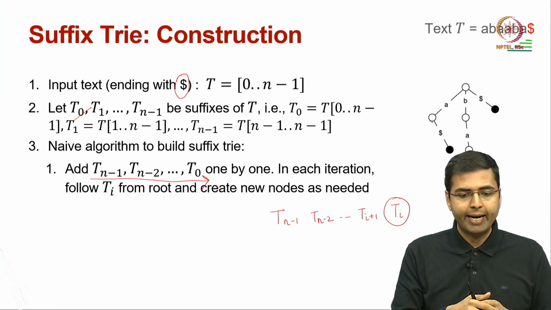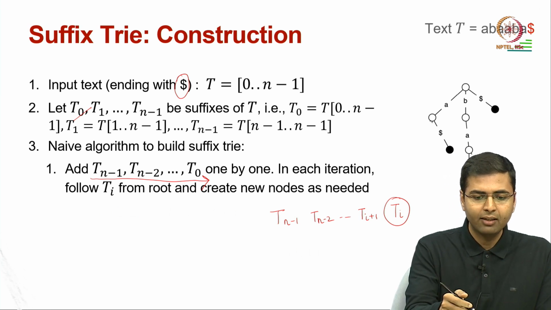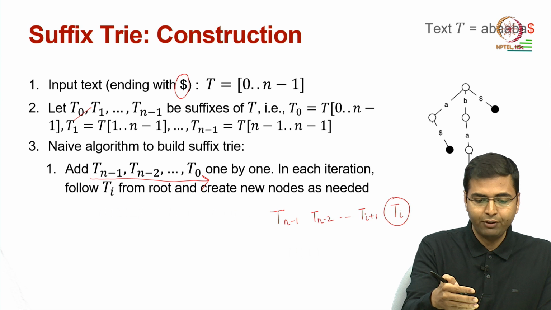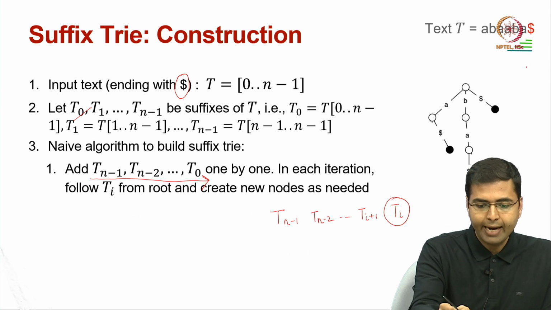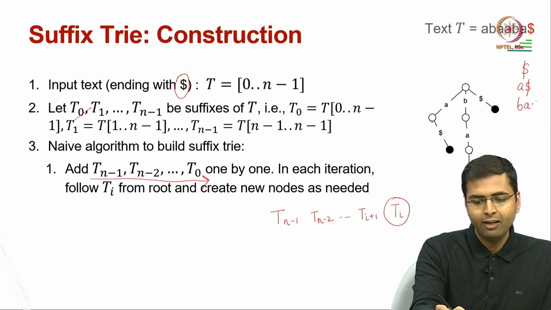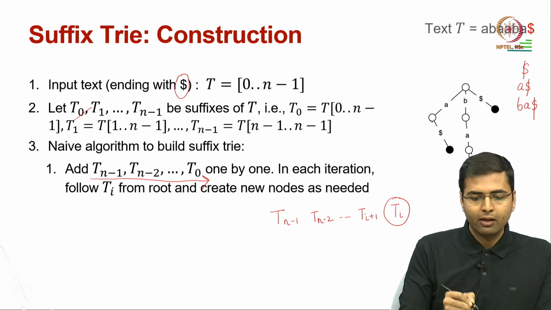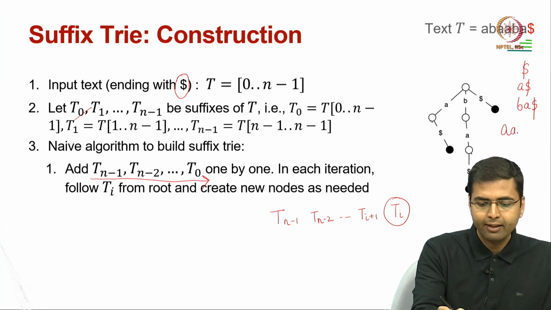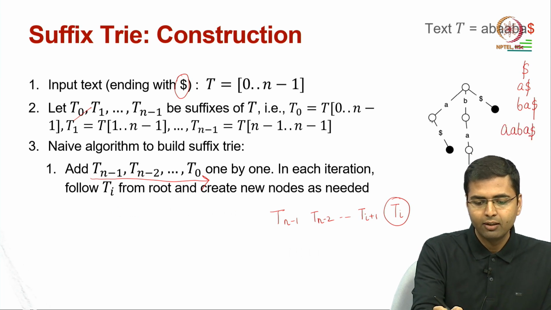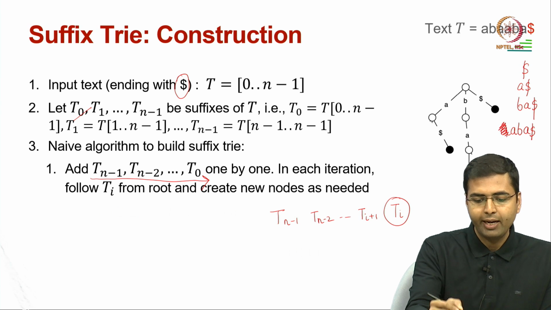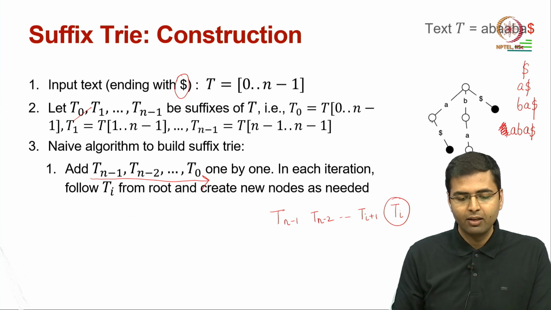As an example on the right, you can see that we are building a suffix trie data structure. We have already added 3 suffixes. Now we have to add the next suffix.